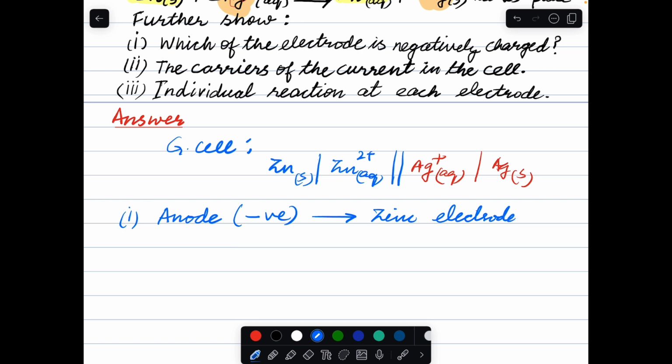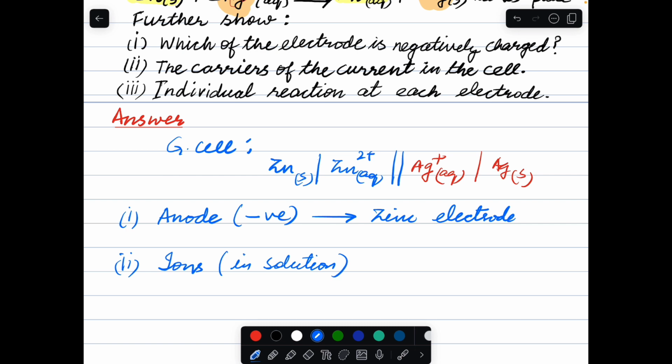Okay, next part, the second part. In the second part they are asking the carrier of the current in the cell. Always remember, within the cell the charge carriers are ions. Ions are the charge carrier in the solution, because ions are present in the solution which are charged entities.